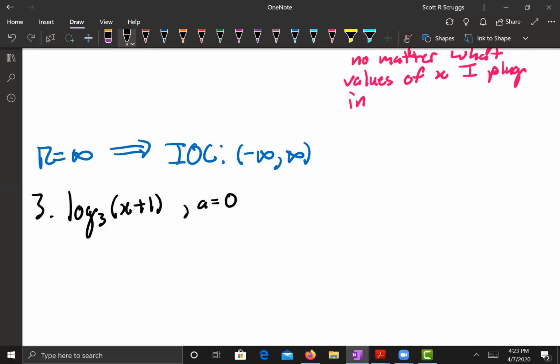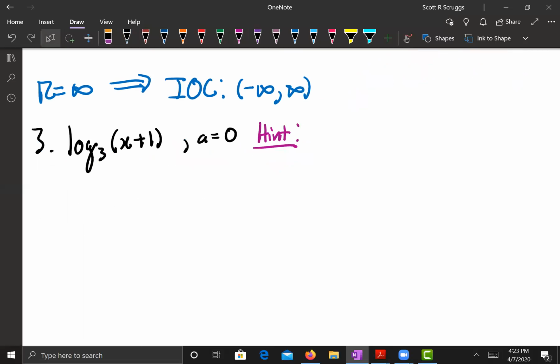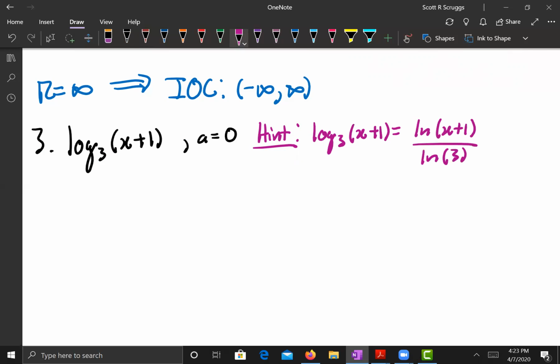For this one, I'll actually give y'all a hint. Y'all could do the old-fashioned way of how we tackle it, but keep in mind our normal change of basis formula.